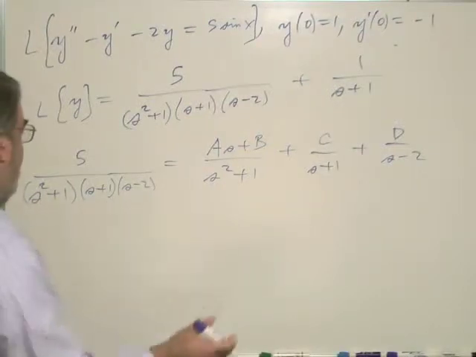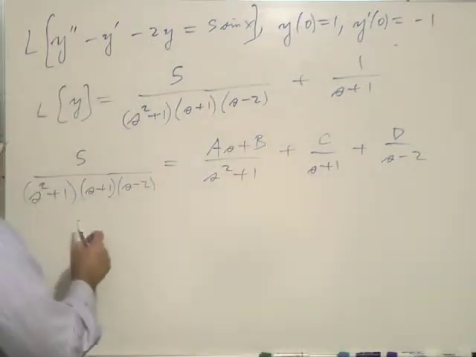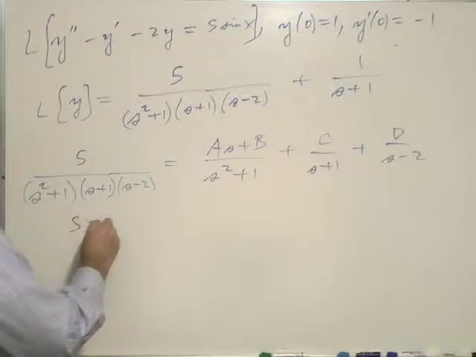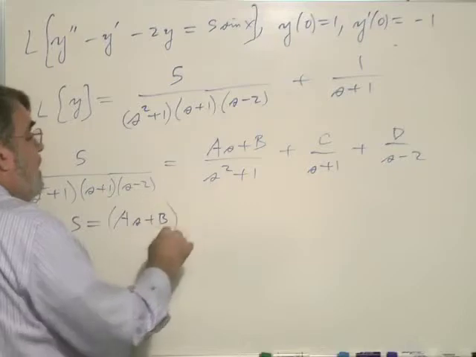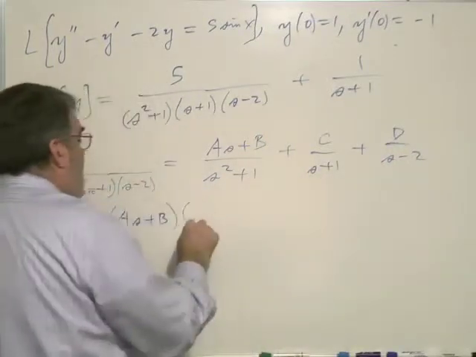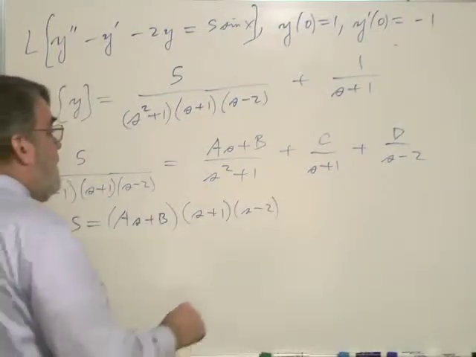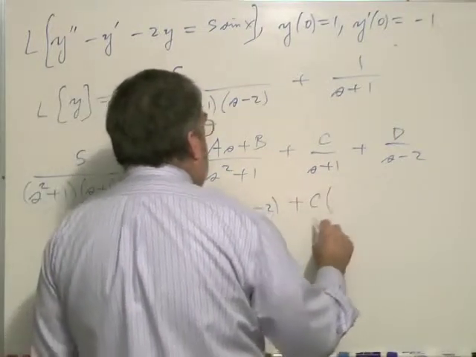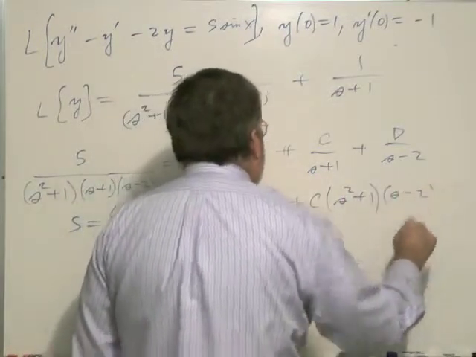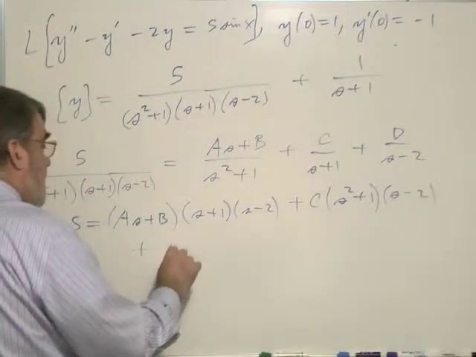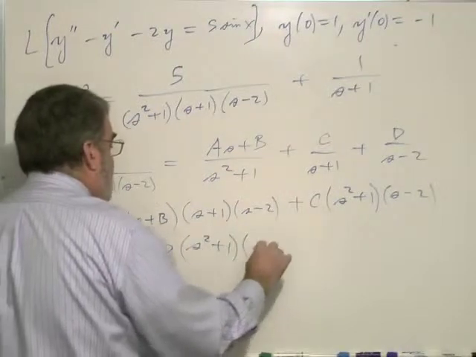Now, when I clear the fractions, I multiply by this denominator, and we get a big mess: 5 equals as plus b times these two factors, s plus 1 and s minus 2, plus c times these two factors, s squared plus 1 and s minus 2, plus d times these two factors, s squared plus 1 times s plus 1.